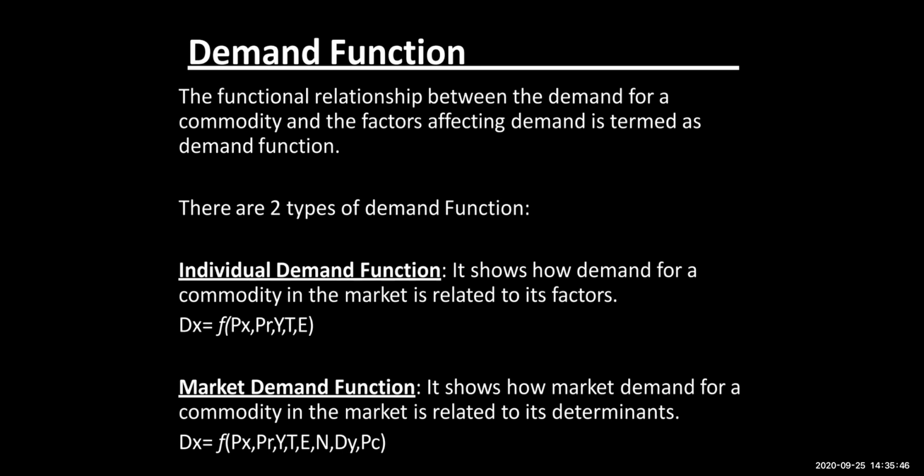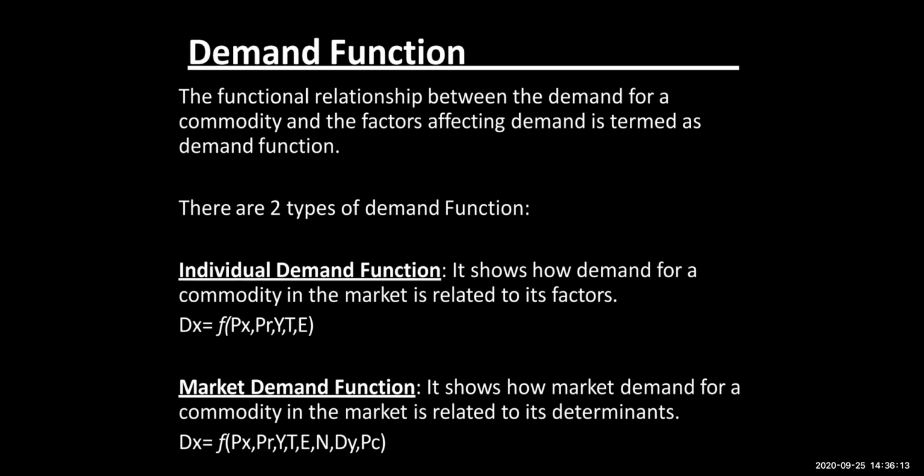If the price of that pen increases, his demand will also change, because there is a simple law which applies, the law of demand, which says that as the price increases, demand decreases, and as the price decreases, demand increases. So individual demand function will show how demand for a particular commodity in the market is related to its factors.